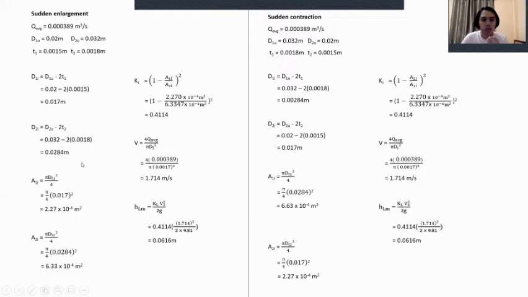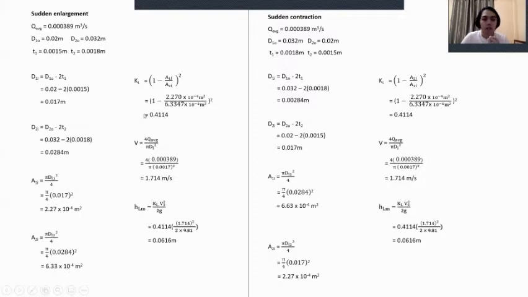Then we find the area using the formula pi over 4 d squared. We substitute the values and get 2.27 times 10 to the power of negative 4 square meters. Same with the second area, which is 6.33 times 10 to the power of negative 4 square meters.